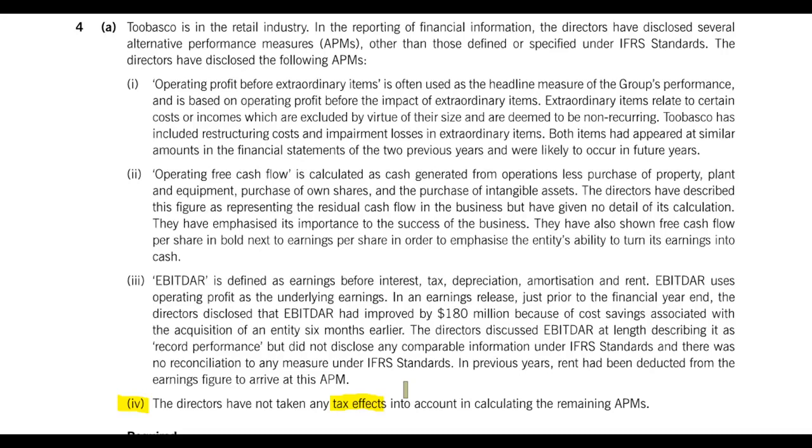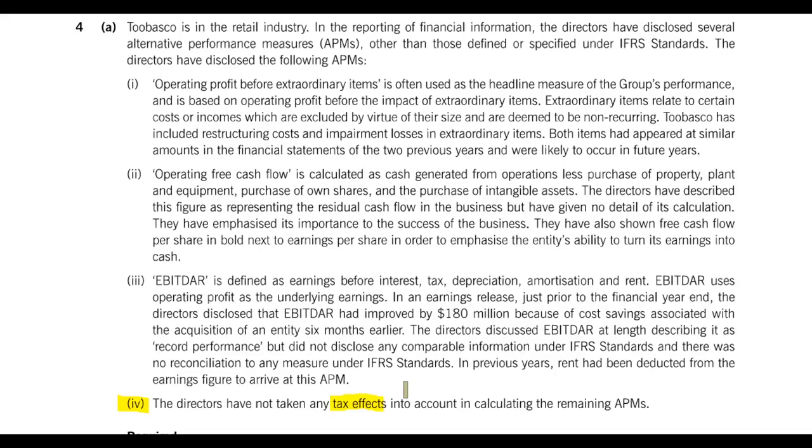If I can step back for a second in respect of part A, there were 4 separate parts to part A for 10 marks. In a good answer, that should have been laid out with 4 mini headings: extraordinary items heading, free cash flow heading, EBITDA heading, tax heading.